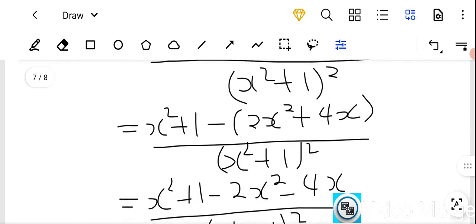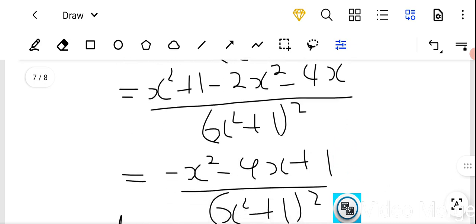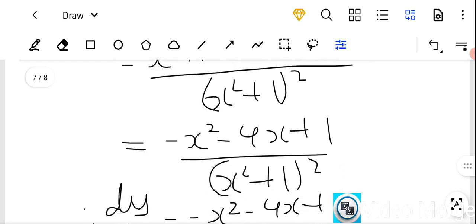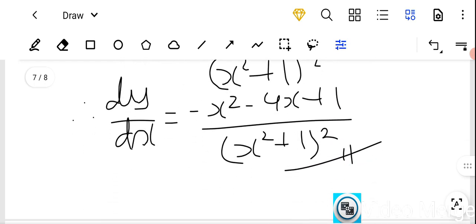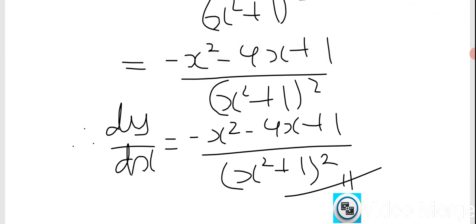Distribute the negative. That's how we had negative x squared minus 4x plus 1, and that's how we found that final answer for this particular question. Okay, so this is your final answer to question A.